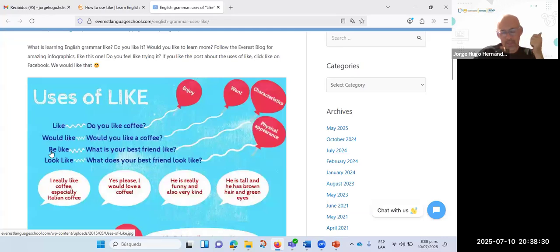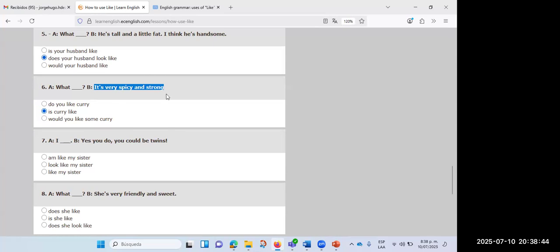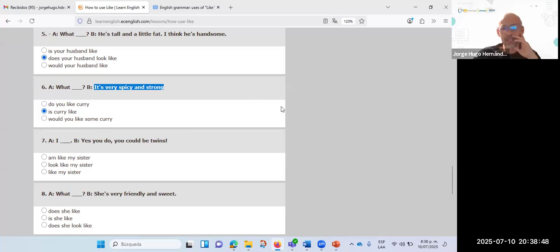Remember, when we say be, is, are, was, were, or will be, depends on the tense. And here, what is curry like? You know what is curry, John? No, teacher. No? Valentina Quintero, do you know what curry is?